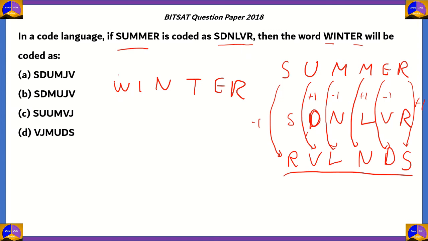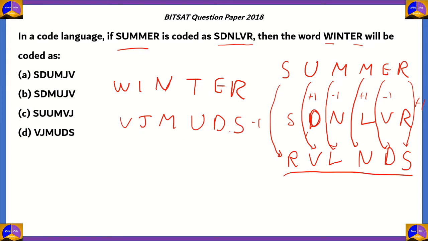So W is the first letter, it's odd, so we take the previous letter, which is V. And then we have I, it's the second letter, so we take the next letter, which is J. Then N is the third letter, it's odd, so we take the previous, which is M. Then we have T, which is the fourth letter, so we take the next letter, that is U. E is the fifth letter, we take the previous letter, that is D. R is the sixth letter, it's even, so we take the next letter, that's S.